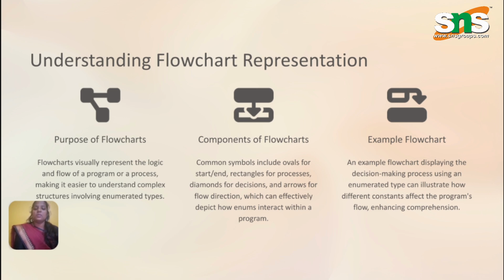Using an enum in a flowchart ensures we see all possible states clearly. It also shows which actions correspond to which state. Without enums, a flowchart might look like: if value equals 1 then stop, if value equals 2 then go, which is harder to understand, right? So flowcharts make the logic easier to communicate and teach.